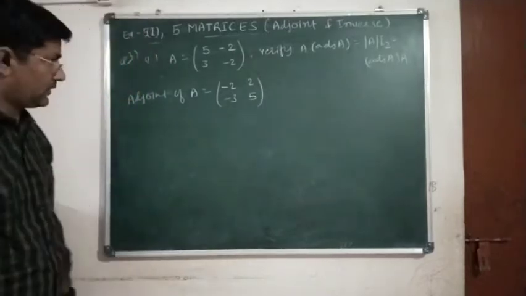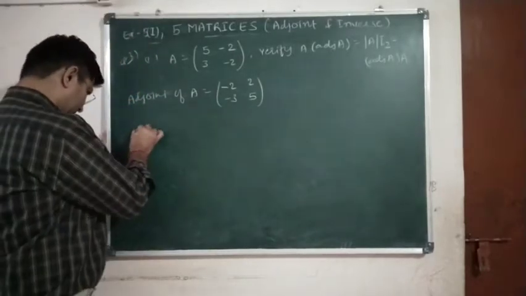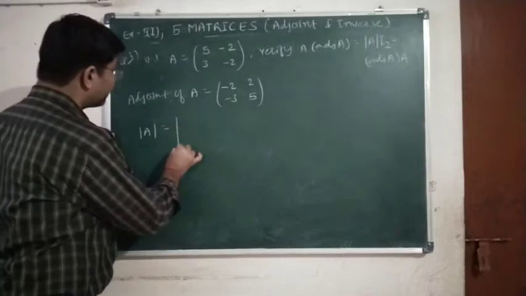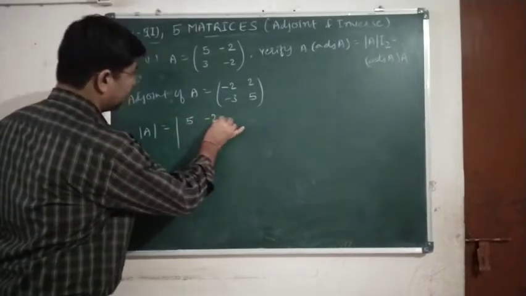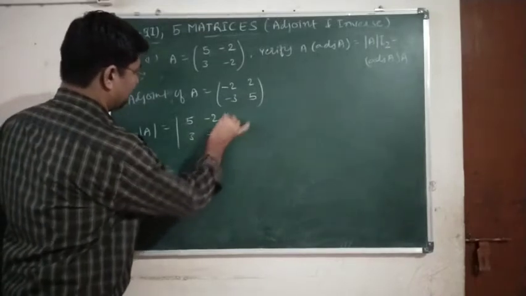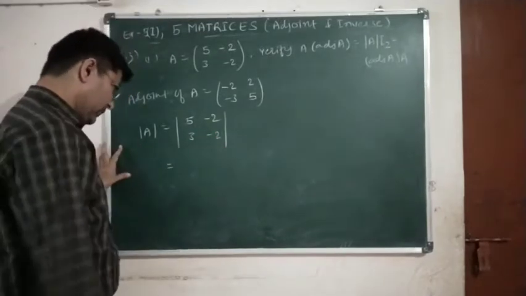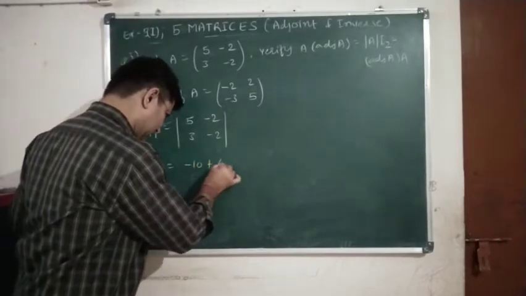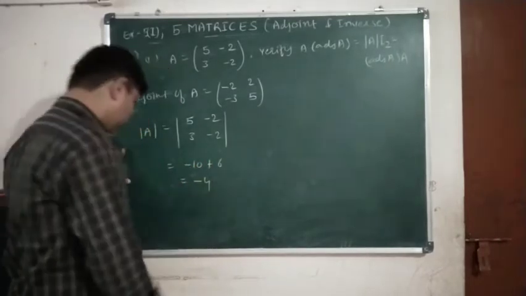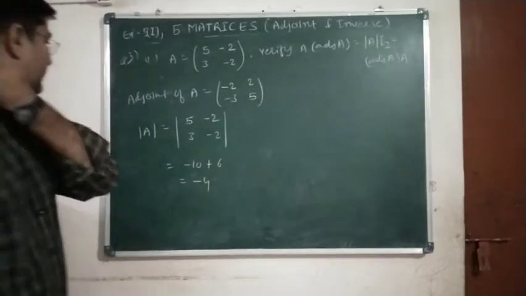This is the adjoint of A. Let us find out the determinant of A. So 5 into minus 2, minus 3 into minus 2. Okay, so 5 2s are minus 10 plus 6 is equal to minus 4. This is the determinant of A.